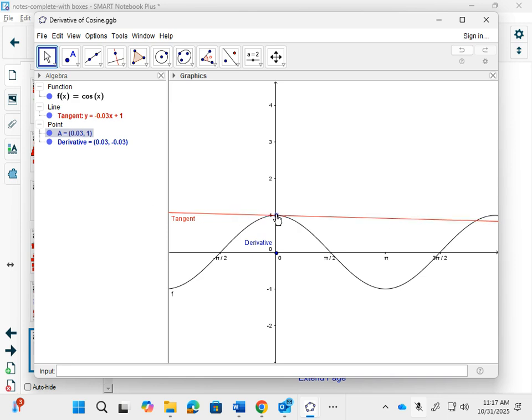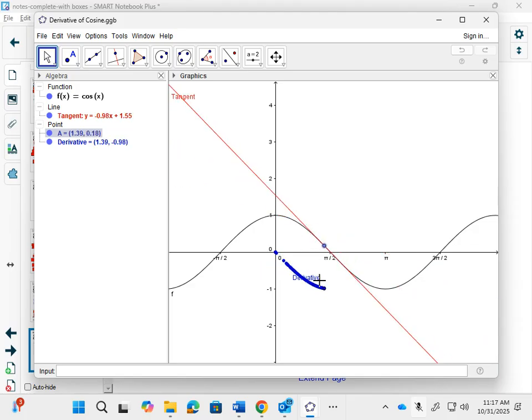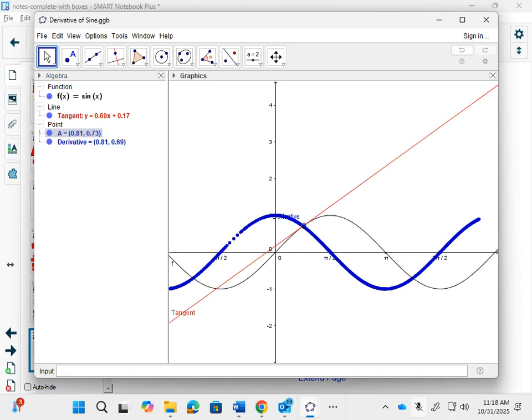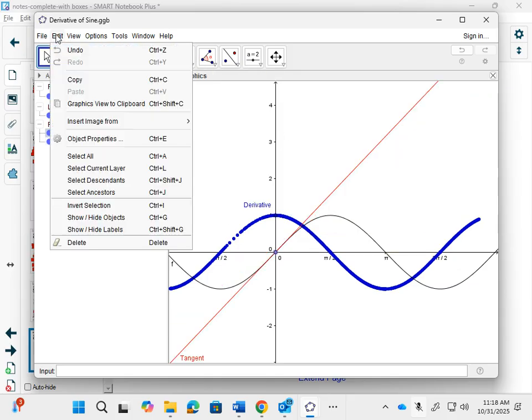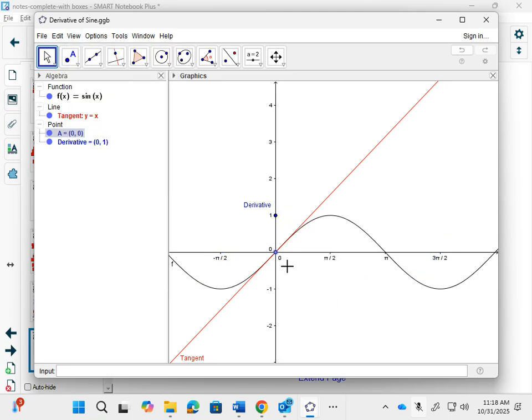As soon as you go to the right, do you see that you're going to be going negative? Makes sense that then you would have a negative sine graph as soon as you go to the right. If you look at the sine one, and I'll clear that one again. Drag it back to the beginning. Do you see that if you drew a tangent at 0, 0, it's already positive slope?